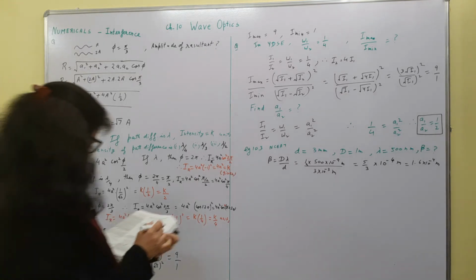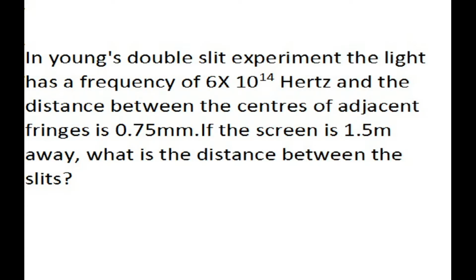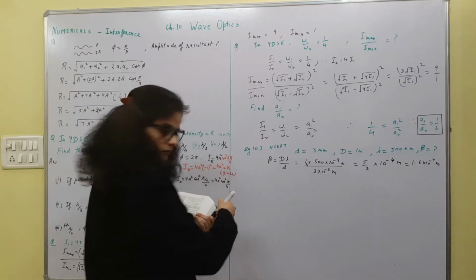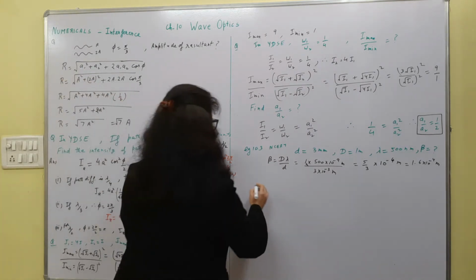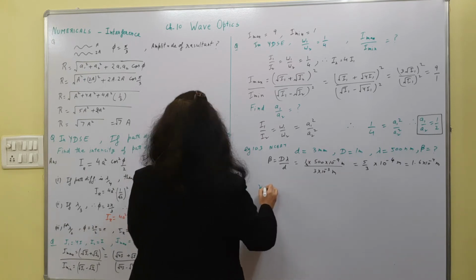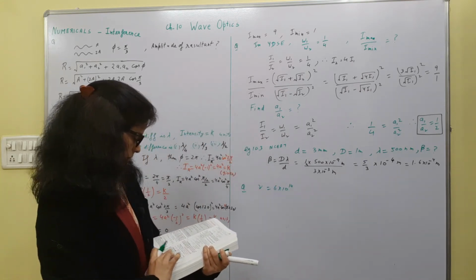In Young's double slit experiment, the light has a frequency of 6 into 10 to the power 14 Hertz.